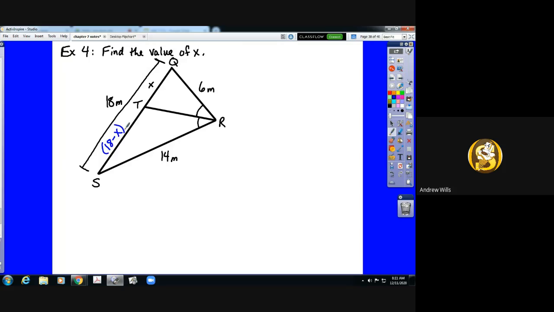So the first thing we have to do is recognize that we need to know the length of that piece in terms of x, because our proportion is going to involve those two pieces, QT over TS, being equal to the two remaining sides, QR over SR.